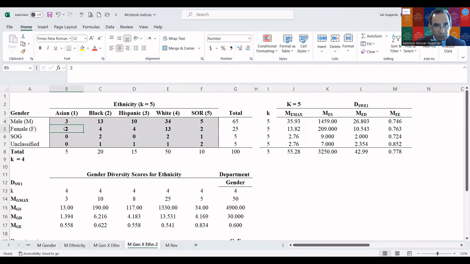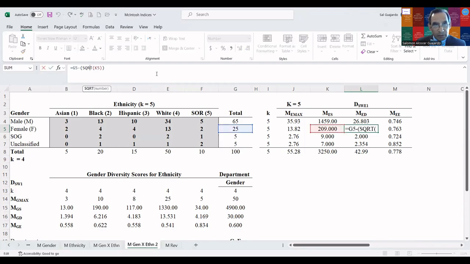So I can do that for ethnic group by females. I go through the calculations. Again, the maximum possible score for females by ethnicity is going to be 13.82. The similarity index is going to be 209. So the diversity score is going to be 25 minus the square root of 209.